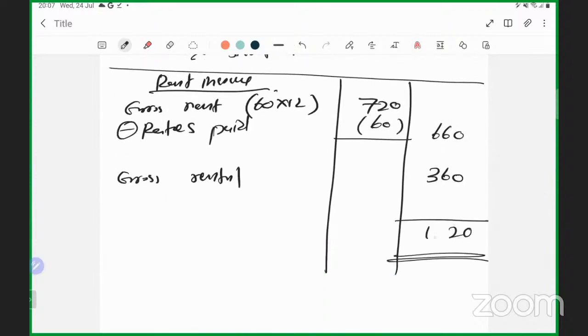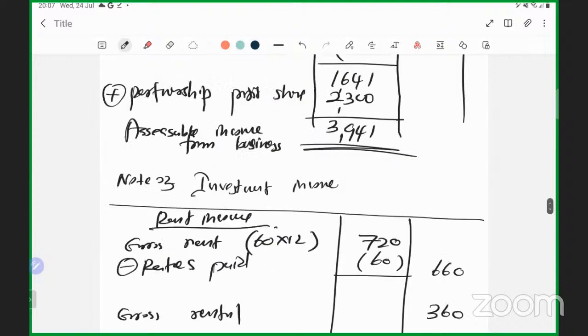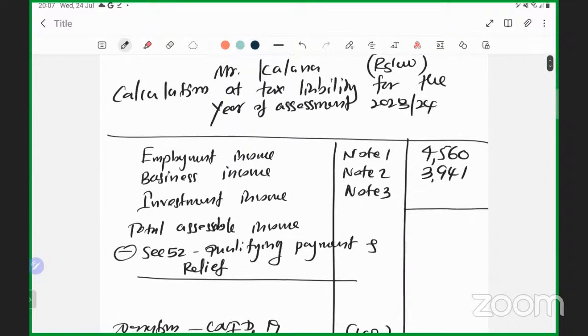Here total 1,020. So that is accessible. Investment income 1,020. So we can take all together.